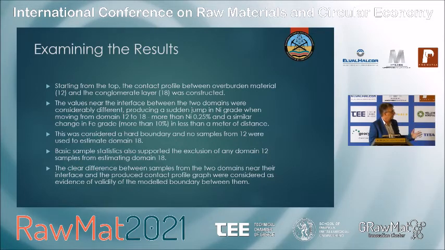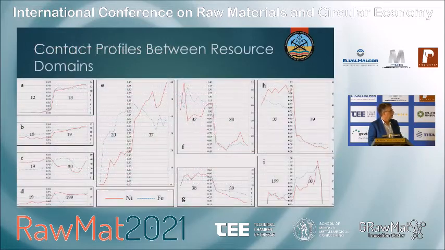The system also calculates some basic statistics either side to further justify calling the boundary soft or hard. And here you can see a number of different graphs from the different boundaries in this particular deposit. And it's quite interesting what happens, for example, between 20 and 37.